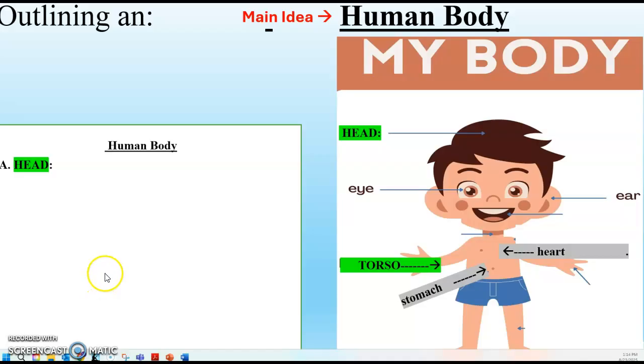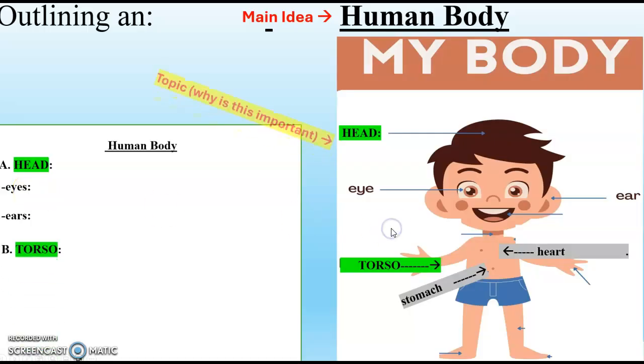For an example, essentially, I'm going to use this as an example. The human body, that'll be your main topic. And then the head is part of the human body. So this is going to be your subtopic for an example. And then you can break it down even further with 2 subtopics.